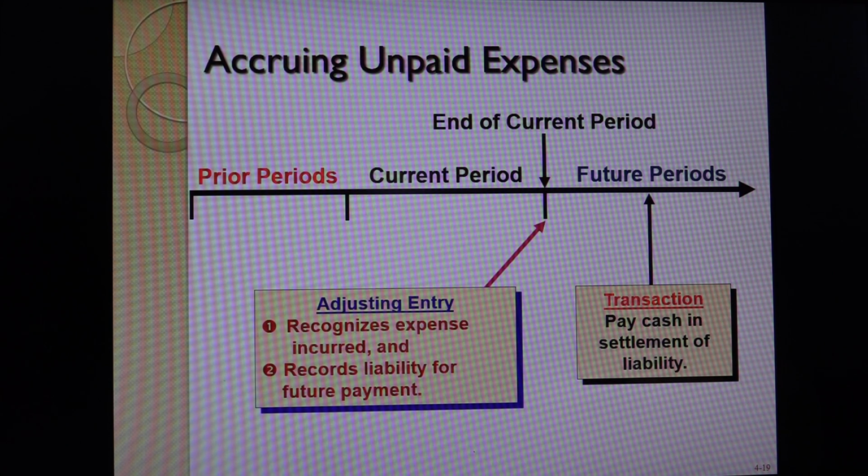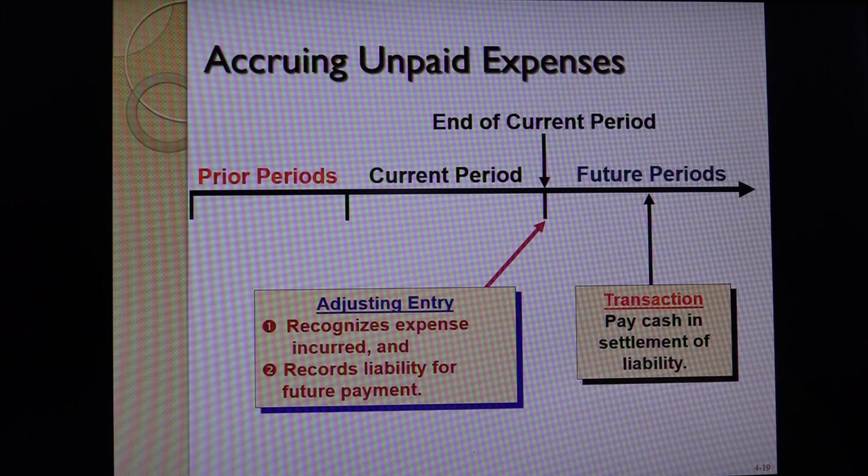So you're going to recognize in the current year an expense, utilities expense, and you're going to record as a credit a liability for accounts payable. It's a future payment.